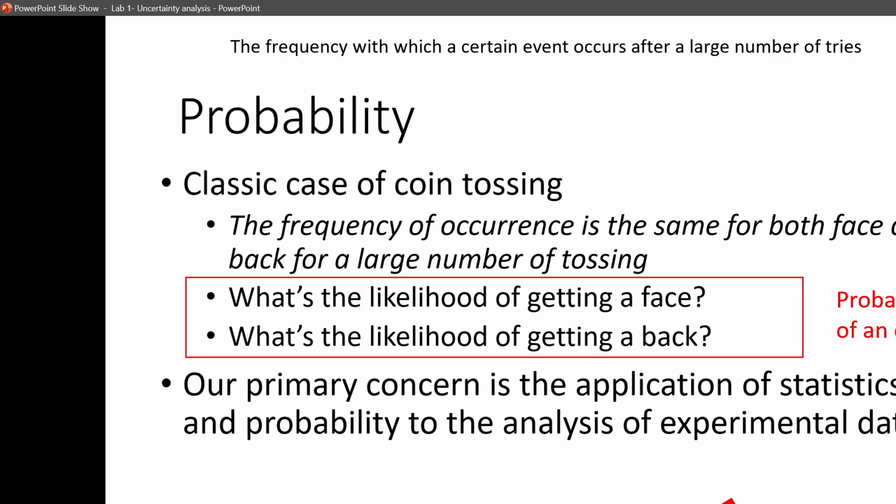Okay, so we understand a little bit of uncertainty, but then we want to go a little further and calculate the uncertainty. Before doing so, we need to know what uncertainty means.